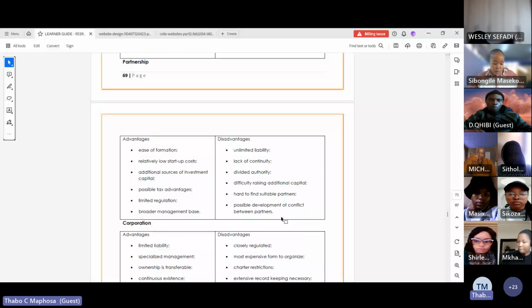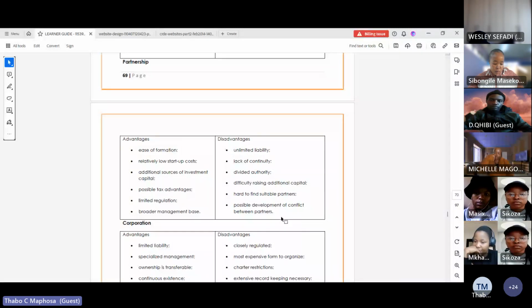Because remember, if it's a partnership between two people or even three people, if one of the persons, let's say, dies or decides to move, that business, because it was a partnership, has to be amended. So literally there's lack of continuity.